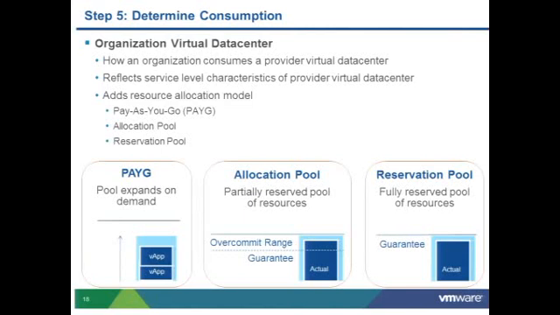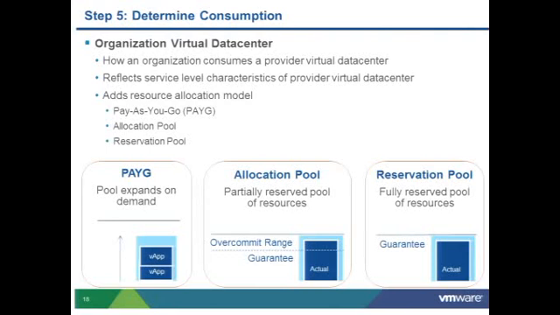As a compromise, we have something in the middle called an allocation pool, which in some ways, think of it as reservations done right from vSphere. This is where we give a partial guarantee for resources, but we allow the consumers to use more resources than that guarantee. Those additional resources are in this overcommit range, and that range is shared with other organization virtual data centers.